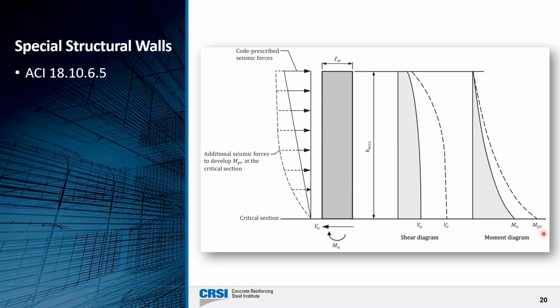By doing that, that will increase our shear force from V sub U to V sub E. That's the same as if we added an additional seismic force to the actual forces to develop M sub PR at the critical section.